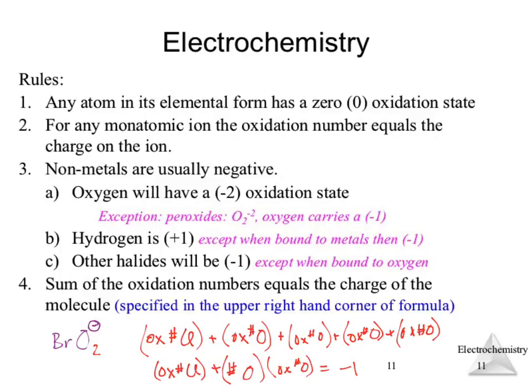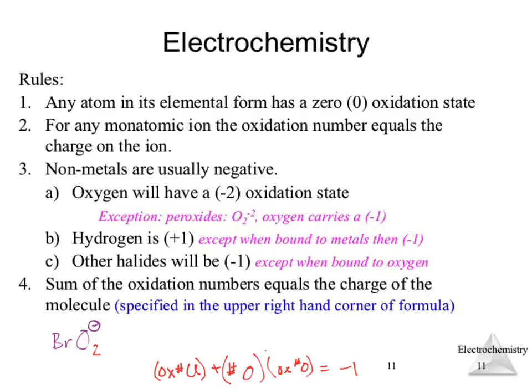Is our formula right? Why no? The -1 is still -1, right? There's still 2 oxygens, right? That still works. We should still do the number of bromine ions.